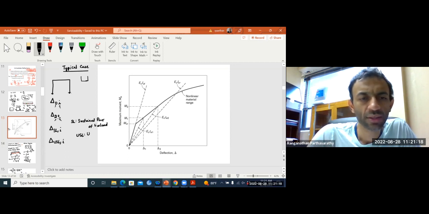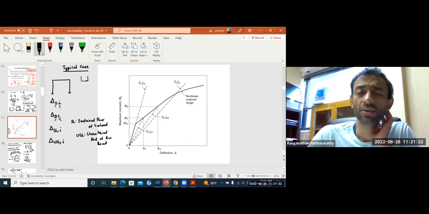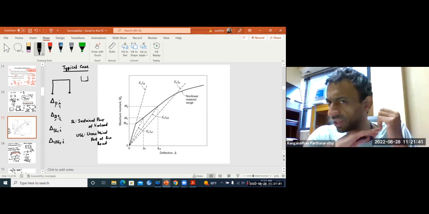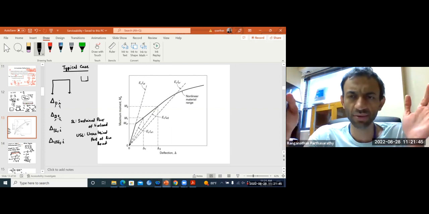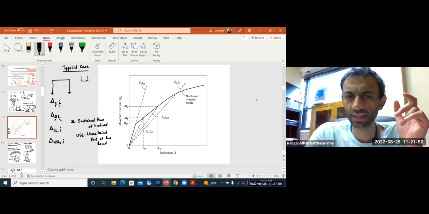USL is unsustained part of live load. Now, what does it mean? Sustained part of live load means, supposing you have some machinery that is coming in after the structure was built, right? That machinery is going to stay throughout the life of that structure. So technically it is a live load, but just a second.